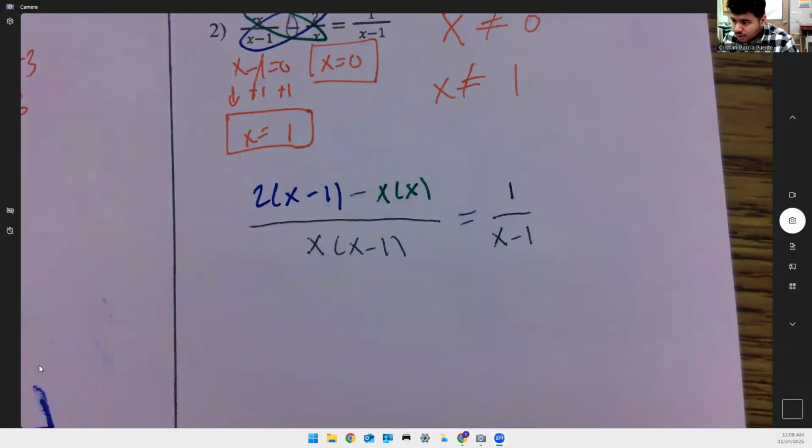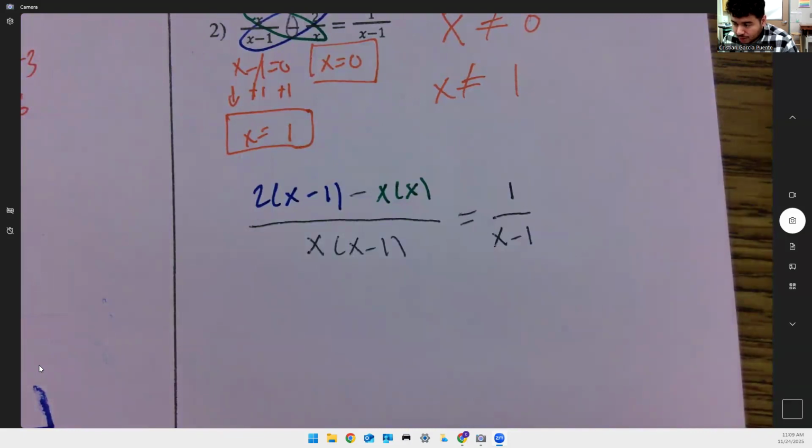Usually we would just distribute or clean it out and then solve for x. Over here, what I would recommend you do is the following. You can cross multiply again if you want.